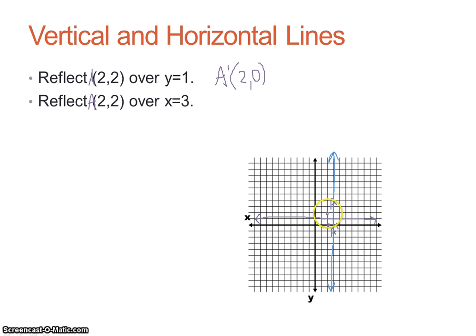Alright, so that is 1 unit as well. So now we want to go on that perpendicular line. So it's going to keep us on that same horizontal path, and we're going to go 1 unit on the other side of our line. So our A prime is now at 4, 2.